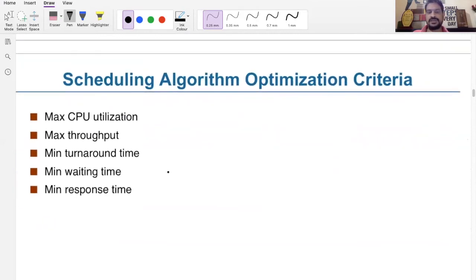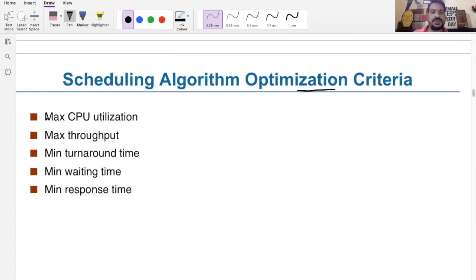Now, these algorithms also have some optimization criteria. How can we say which particular algorithm is optimal, giving us good throughput and maximum CPU utilization?